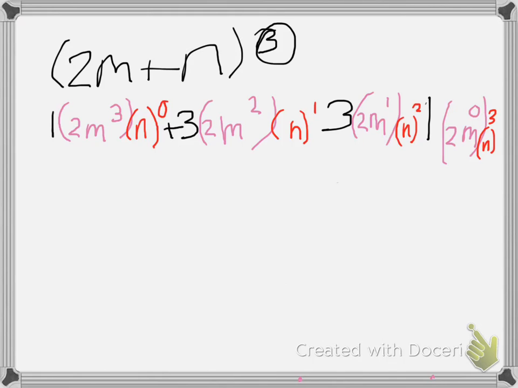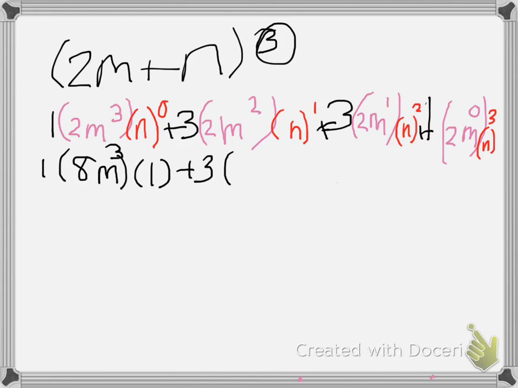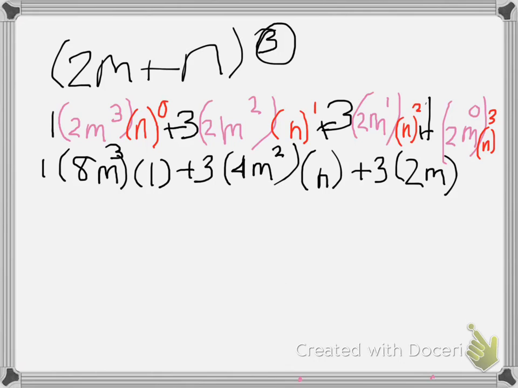And we're going to add these. Now it's going to be 1 times 8m to the third times 1, plus 3 times 4m squared times n, plus 3 times 2m times n squared, plus 1 times 1 times n cubed.